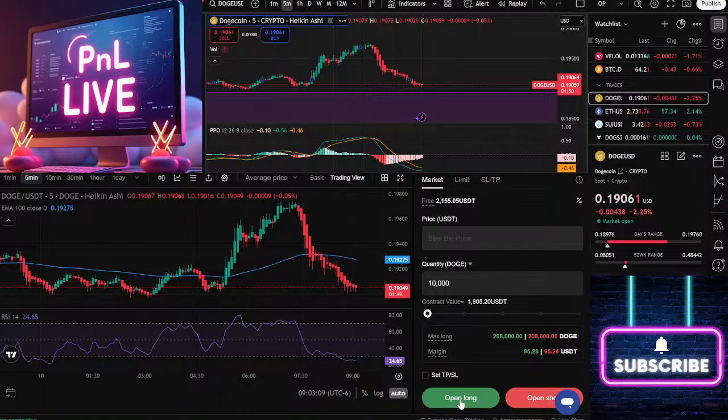Because as long as I'm in the green every day, I'll be able to get better at deciding whether I want to let the runners run. Because I mean, you could see here at the last time it went through that exponential moving average, it wasn't even sure. Strong candles all the way down, and then it hit that exponential moving average, and you could see there's a doji candle there before it finally decided to keep on going.